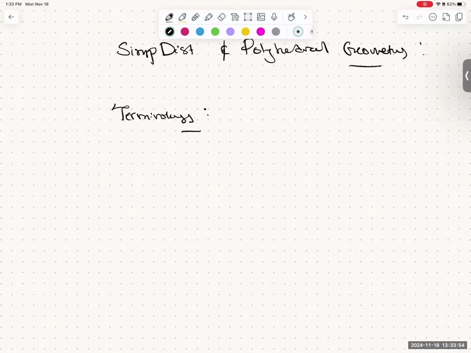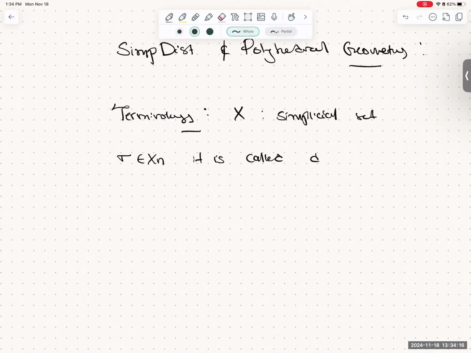If X is a simplicial set, and we have some sigma in the n-simplices, it is called degenerate if sigma is in the image of some s_j, some degeneracy map. Otherwise, we call it non-degenerate. Cihan, you probably discussed some of this.